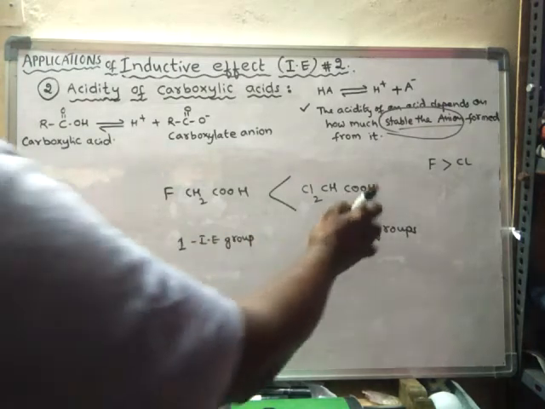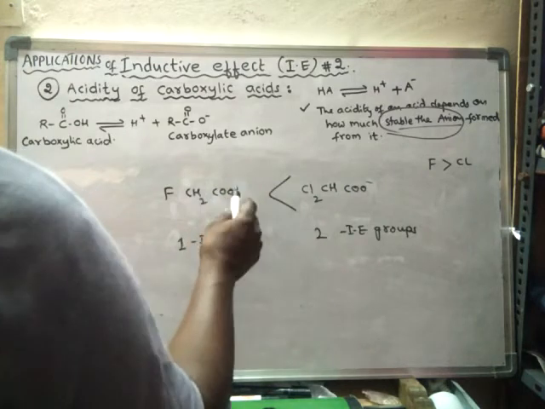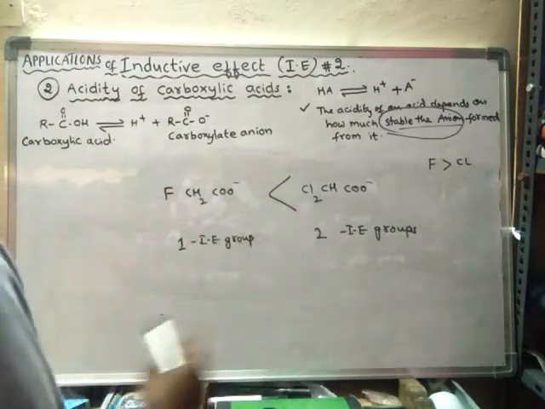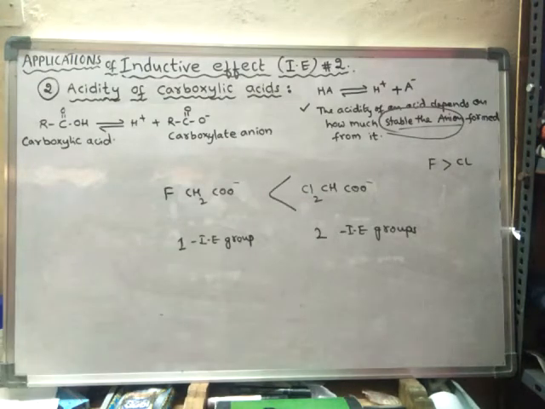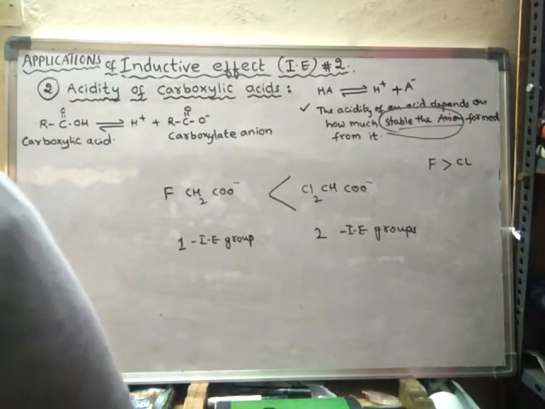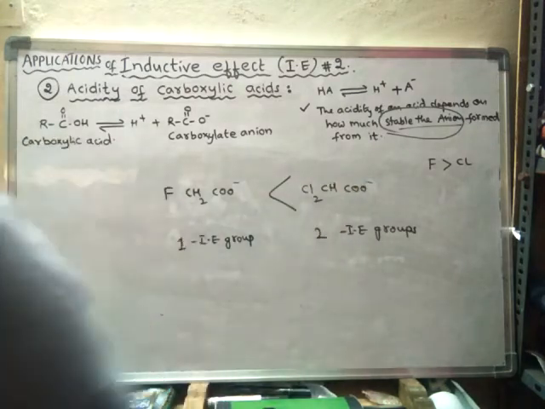If you compare the anions formed from this acid and from this acid, in this anion there are two minus IE groups, whereas in this anion only one minus IE group. So as a result, this anion is more stable than this anion.